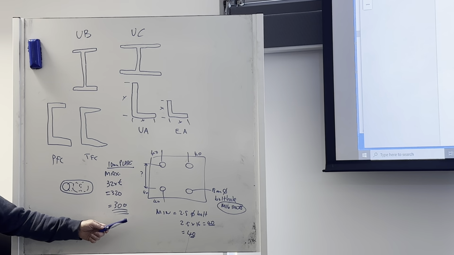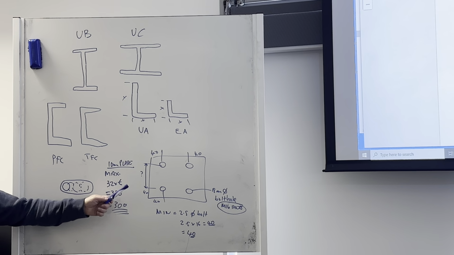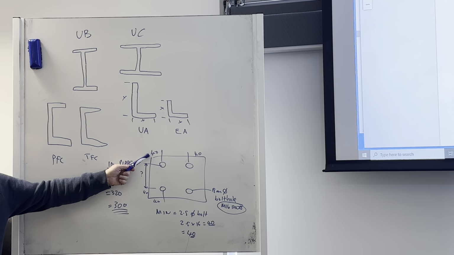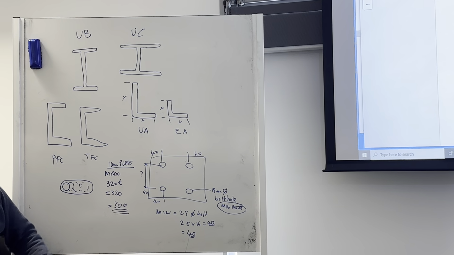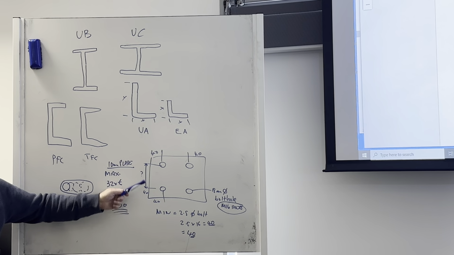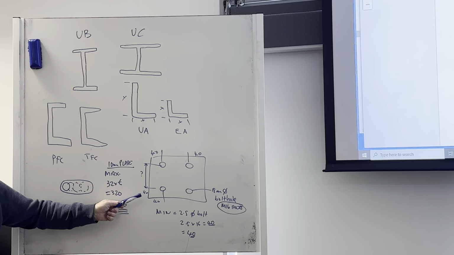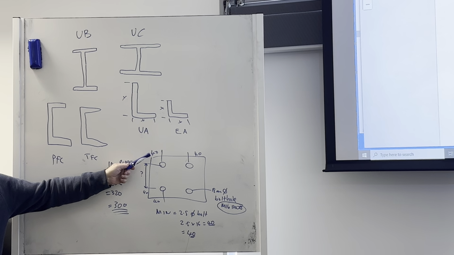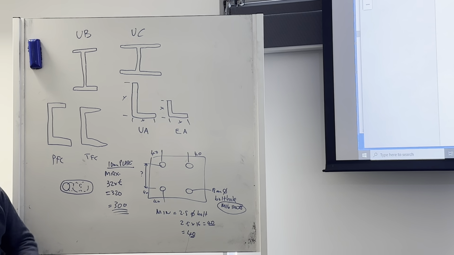Okay, that's how we do plate design. Now if this plate here had been, let me see, 300 plus 40 plus 40, 380, then that would be fine. You would have the gap here would be 300, that would be 40, that would be 40, that's 380, no problem, easy plate design.